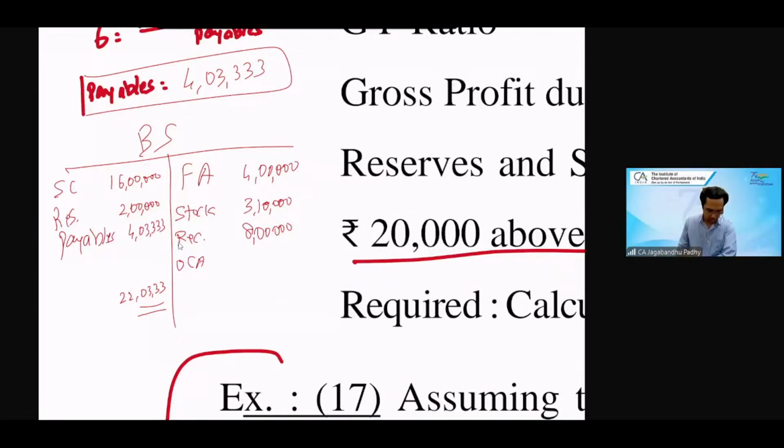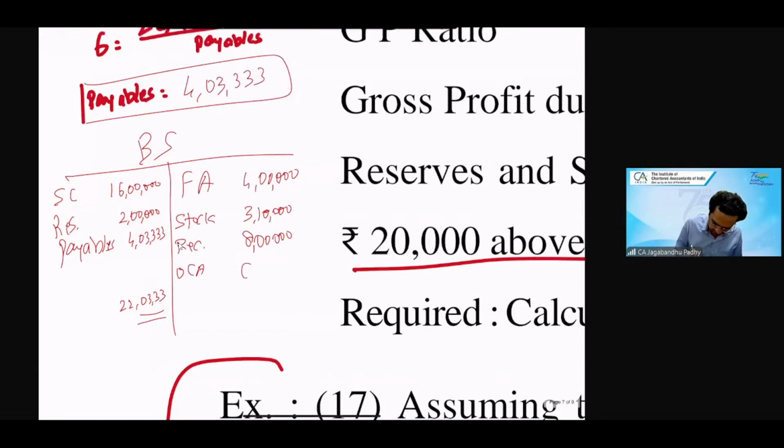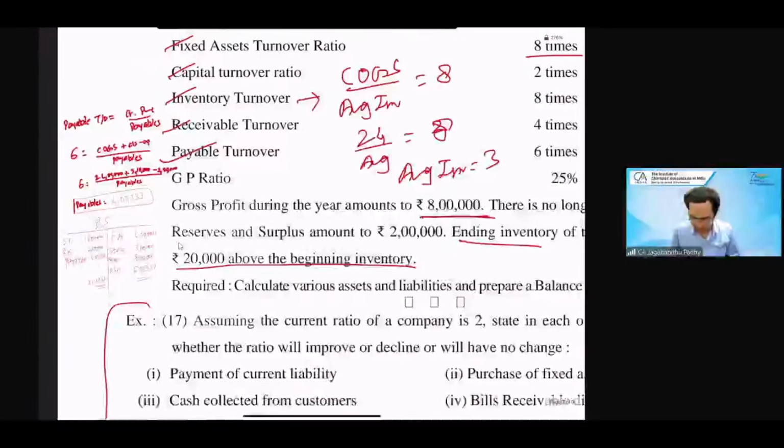This is 15 lakh 10,000 minus 22 lakh 3,333. 6 lakh 93. Yes. So this is 6 lakh 93,333. Okay. Did we get this?